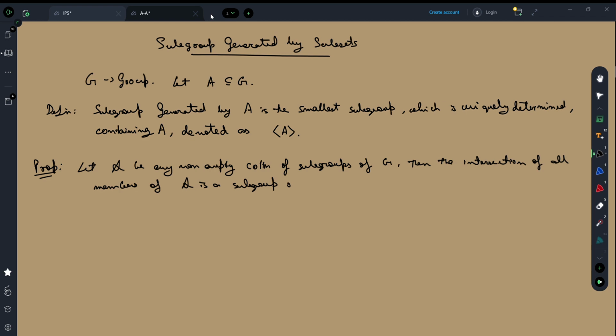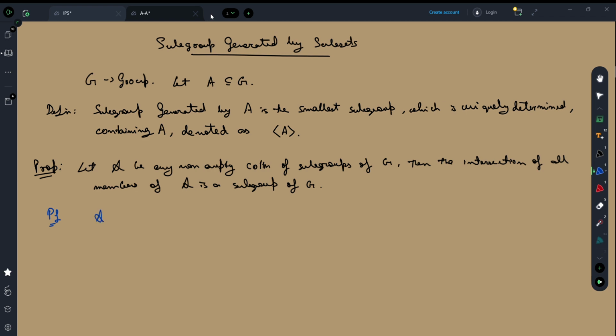Precisely, we are stating that any arbitrary intersection of any arbitrary family of subgroups is a subgroup. Let us try to prove this out. Let us resort to some notation.